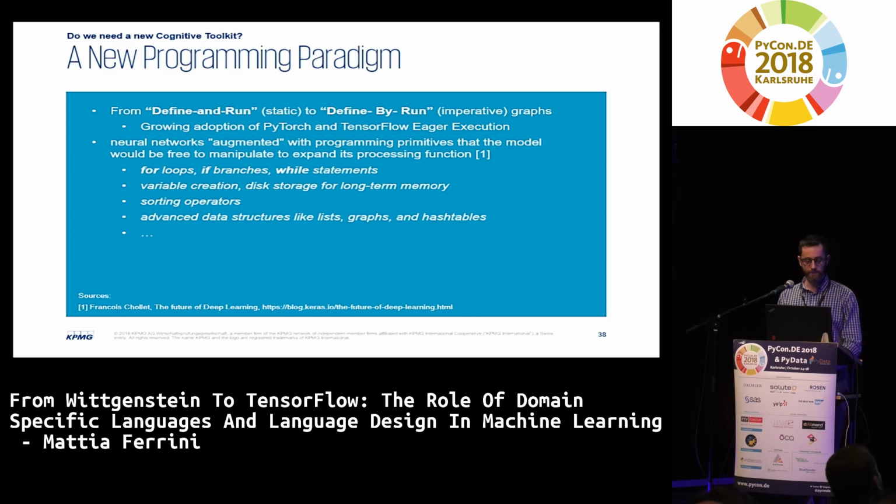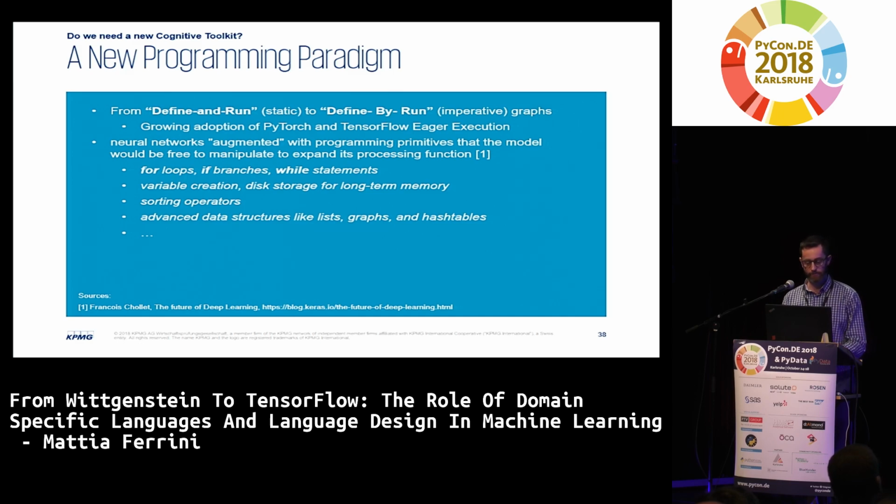And ultimately, we also see that we are actually heading towards a new programming paradigm. We are moving from define and run to define by run imperative, where the networks are built on the fly at runtime.